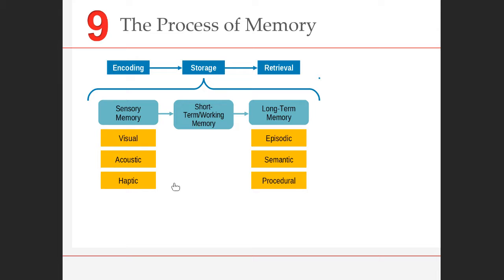And then if we are able to encode information and move it from sensory to short-term memory, and then if we rehearse it, it'll move from short-term to long-term memory. I'm going to go through short-term memory here and then long-term memory.